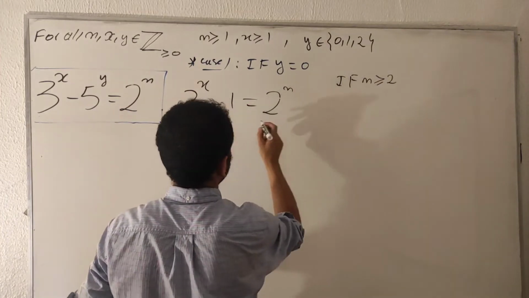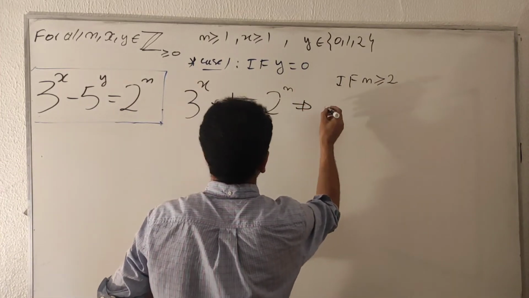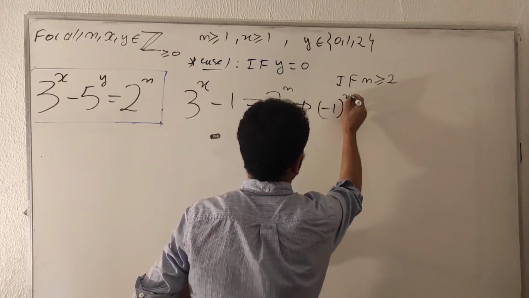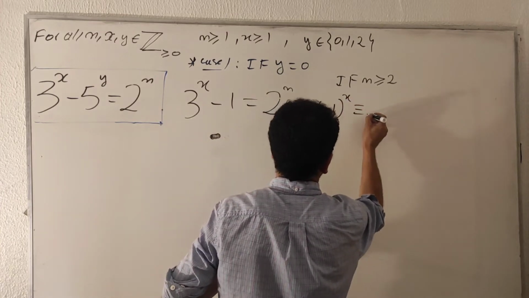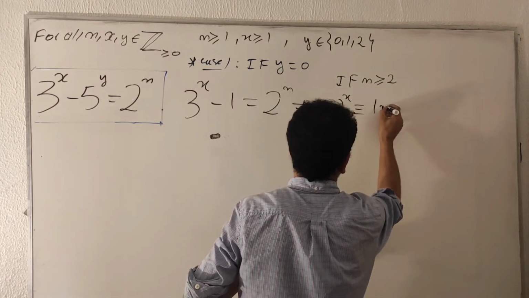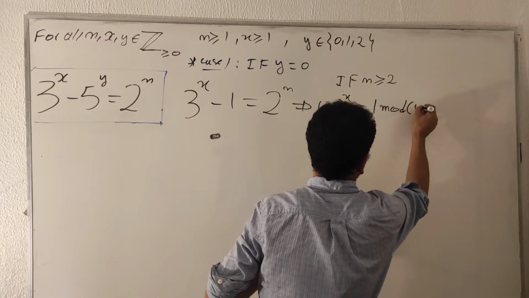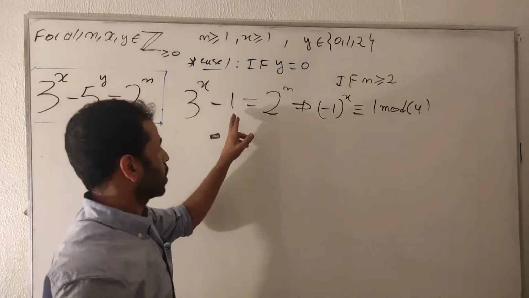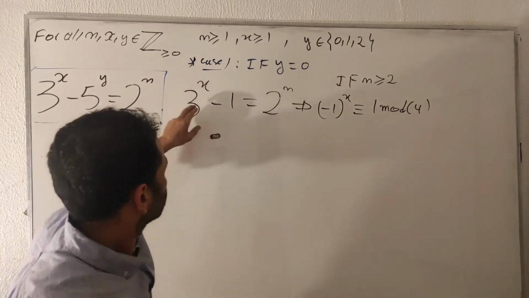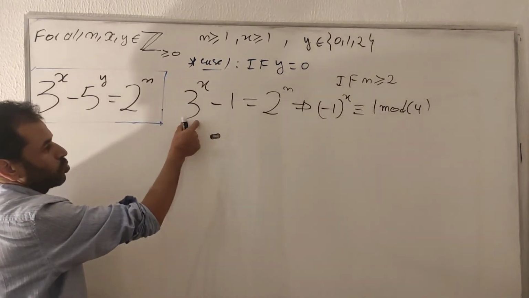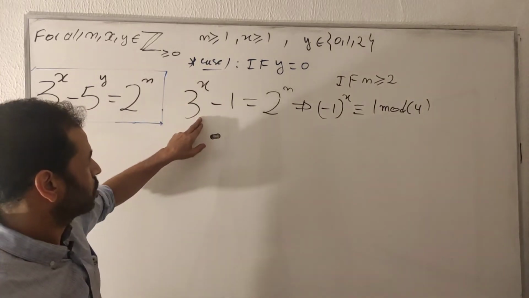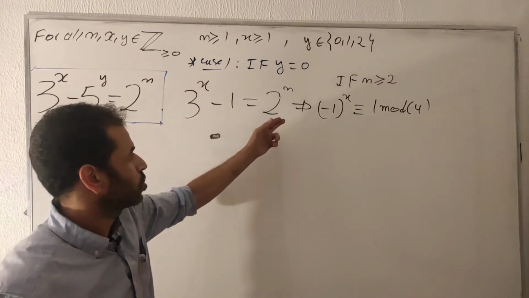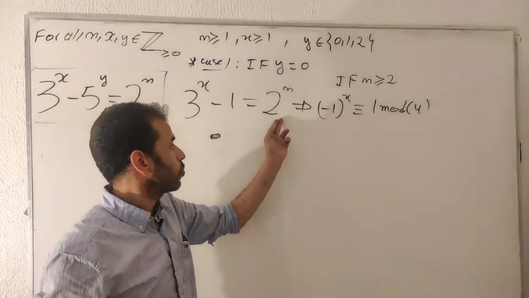So let's do that. I get minus 1 to the x is congruent to 1 mod 4. How do I get from this one to this one? I split this term into two terms. I get 4 minus 1 to the x, 4 equals 0 because it's divisible by 4.